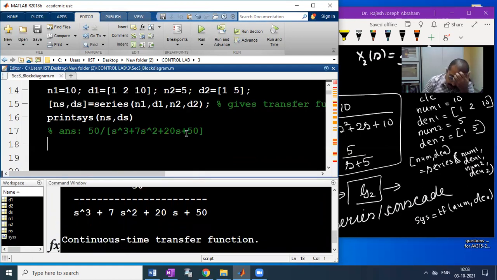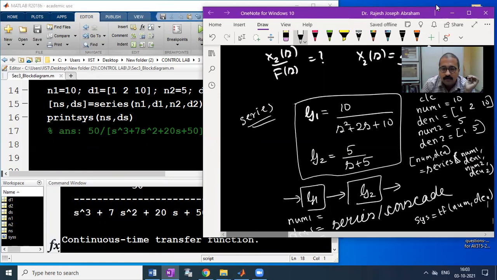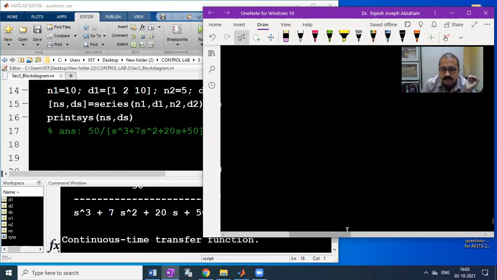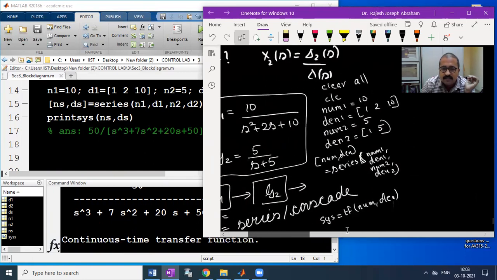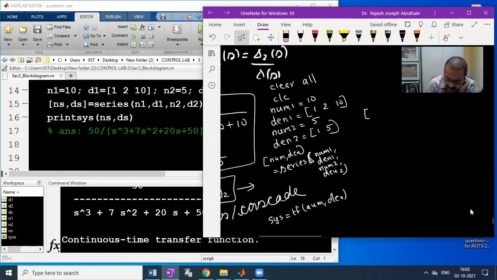Now let us try for the parallel configuration. What happens for the parallel configuration? How will you do that? So our numerator was this thing. What should we write? We can write something like num p comma den p.